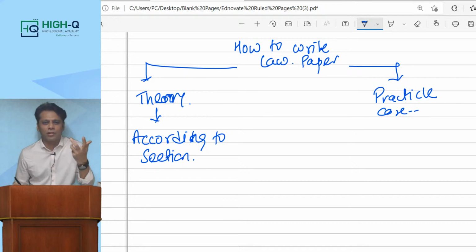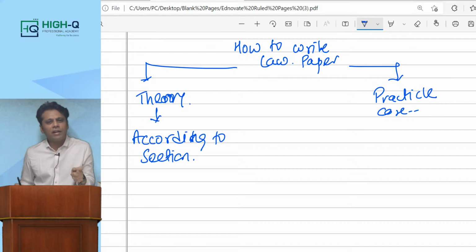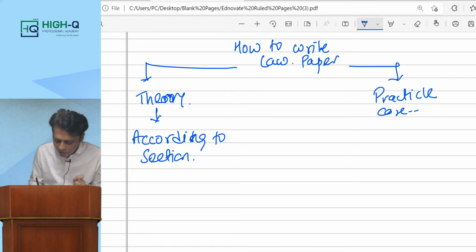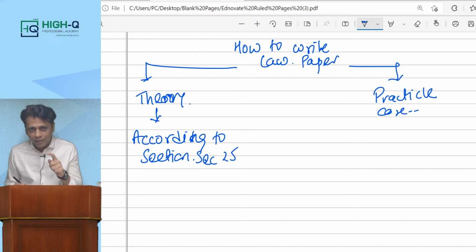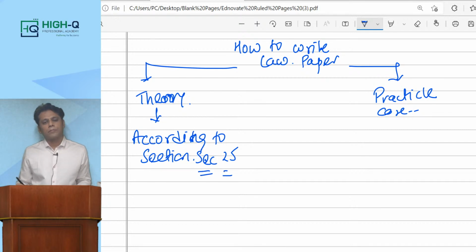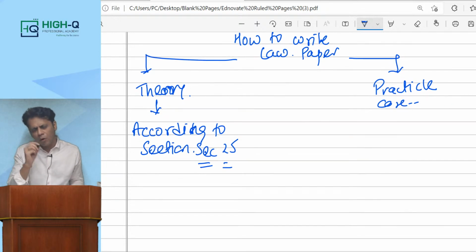It starts with the section number. So section 25 of the Indian Contract Act. So according to section 25, I hope you will give the effort to remember the section number. At least you should remember the important sections.